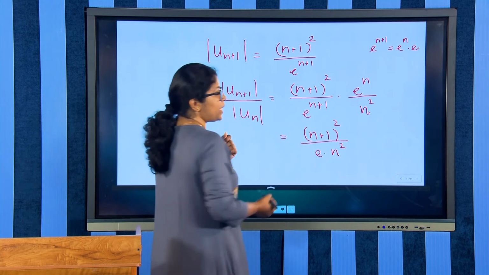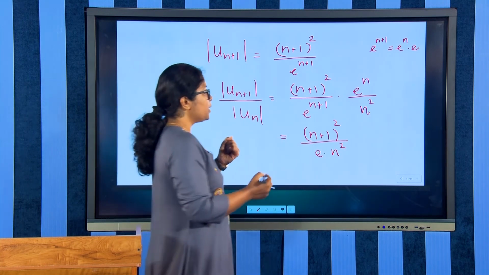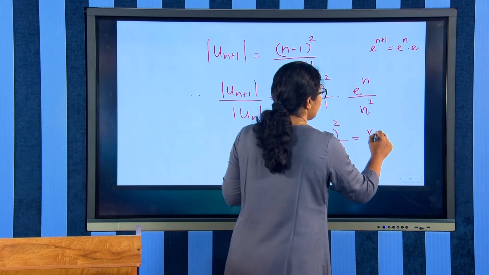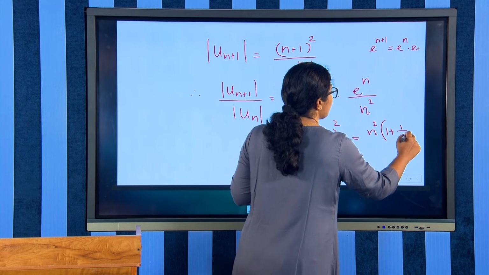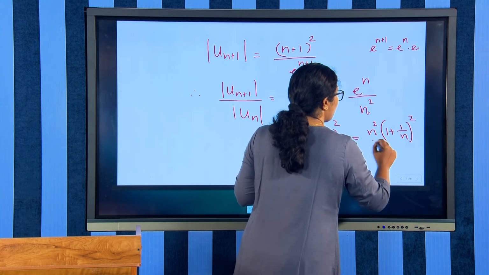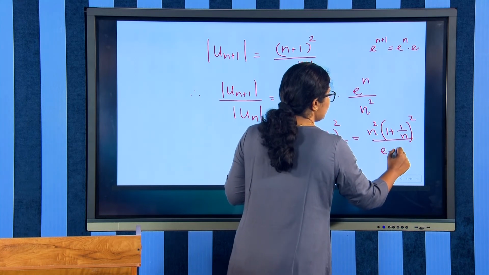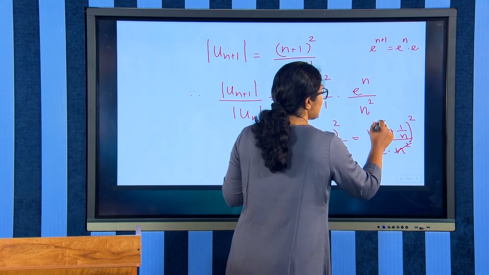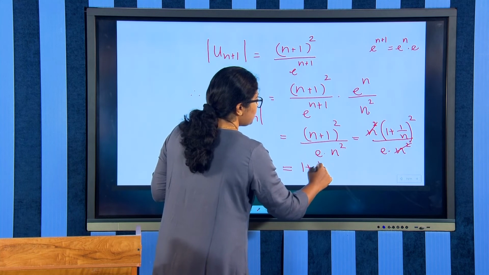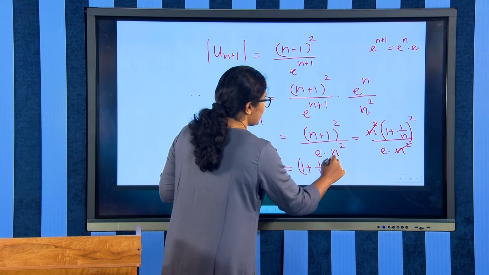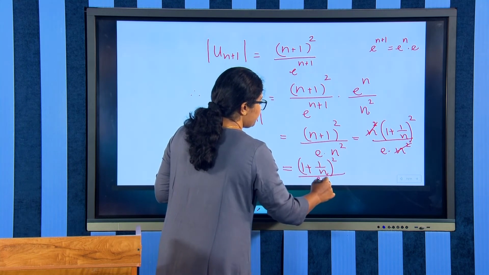From this term you can take an n outside, so you get n^2 into (1 + 1/n)^2, whole divided by e into n^2. This n^2 and n^2 will get cancelled, and you will get (1 + 1/n)^2 divided by e.